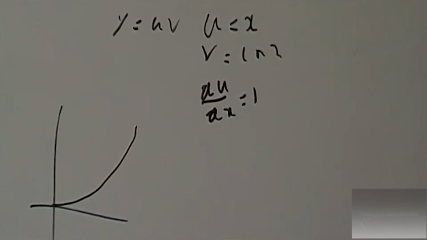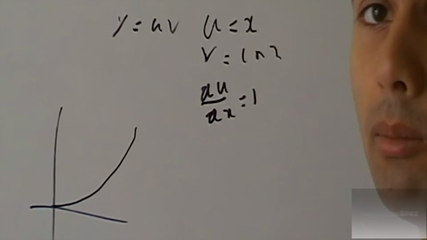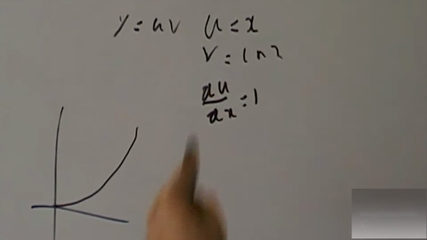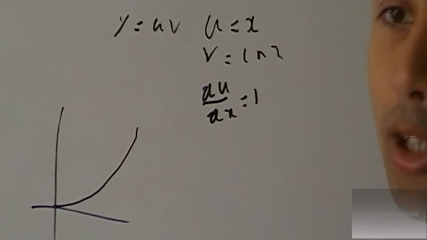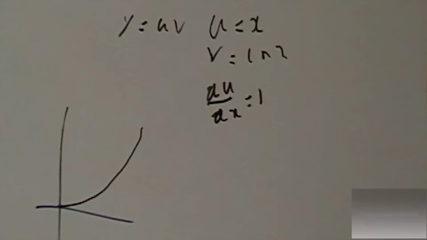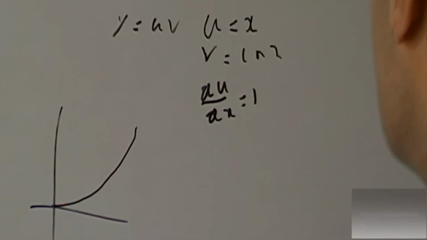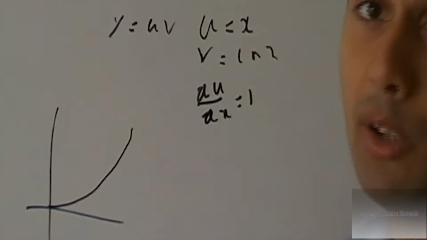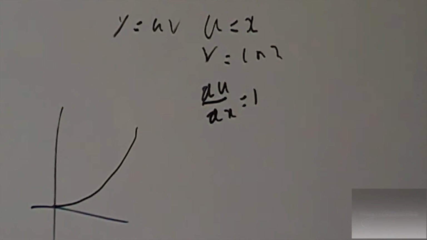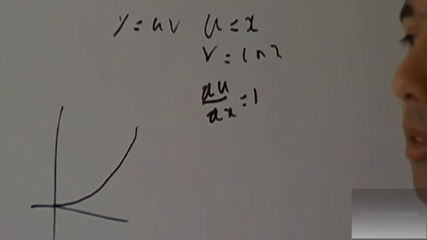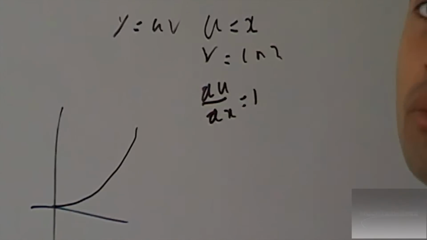So now that we've got that out of the way and we understand what that is, by rule of thumb, if we differentiate v is equal to ln 2, acknowledging that that's a number and treating it as a number, then we should find that dv by dx is 0, because any number that you differentiate is 0.